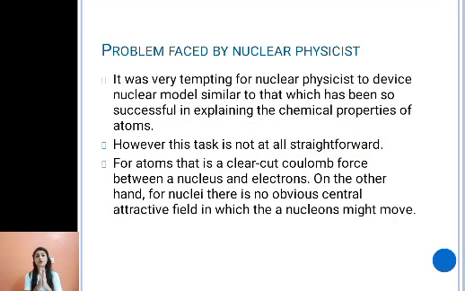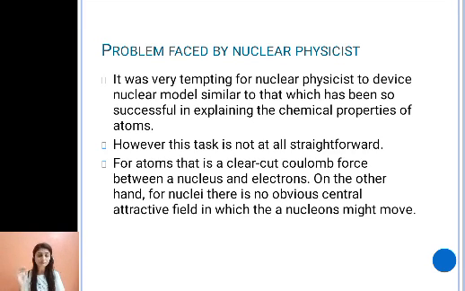The problem faced by nuclear physicists was that it was very tempting to devise a nuclear model similar to the atomic shell model. They thought that as the atomic shell model was able to explain the chemical properties of atoms, in a similar fashion a nuclear model would help to understand nuclear properties.